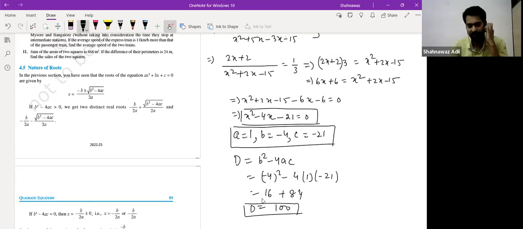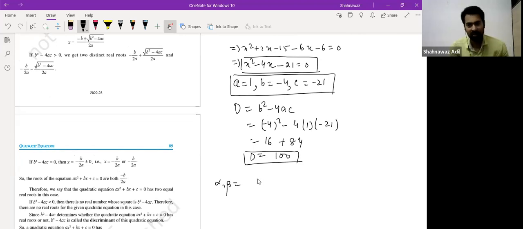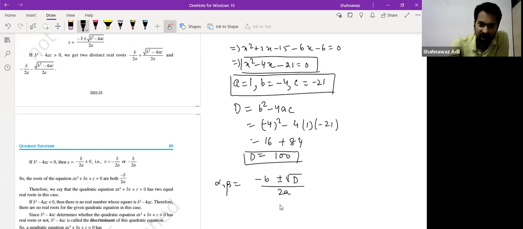So what would be our quadratic formula, Adil? x equals minus B plus or minus root of B square minus 4ac by 2a.